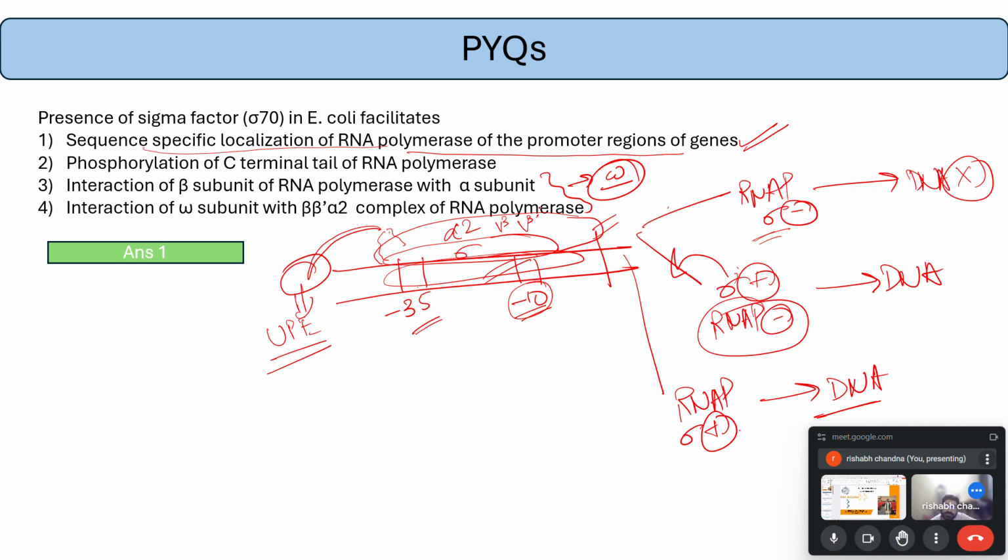And phosphorylation of the C terminal tail of RNA polymerase, this basically happens in eukaryotes, not in prokaryotes, because in eukaryotes the RNA polymerase 2 has a specific tail that is phosphorylated so that it will continue to do the transcription.